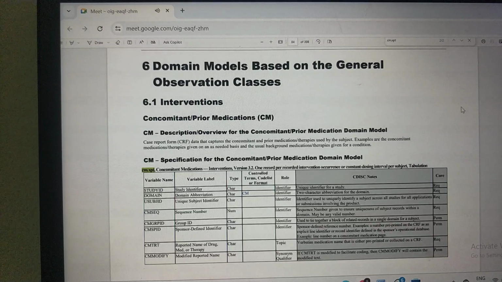Did anyone remember this SDTM domain classification? At least can anyone name 3-4 domains? EX, EC, exposure, exposure as collected, and PR.